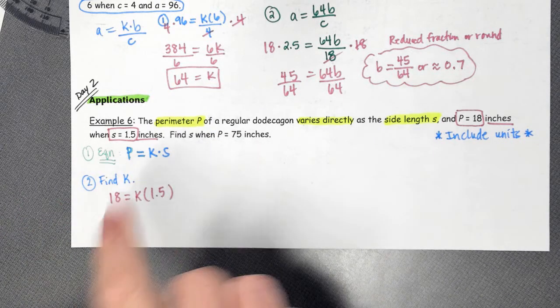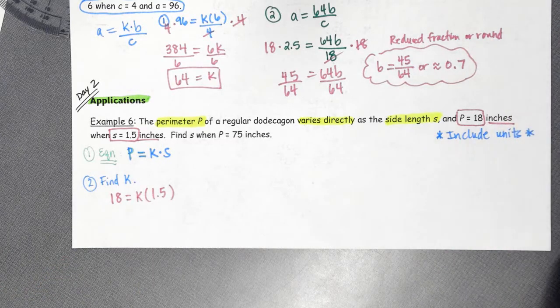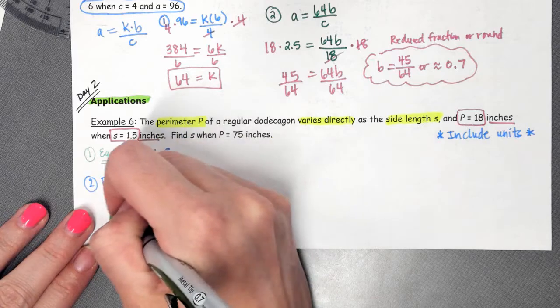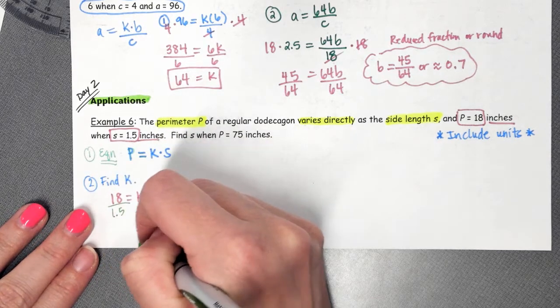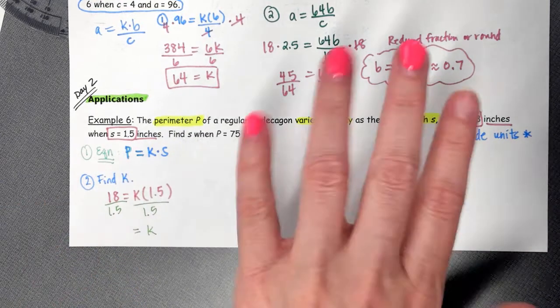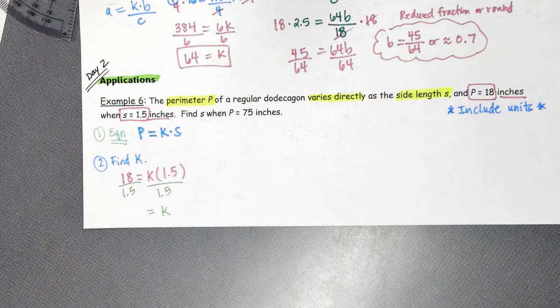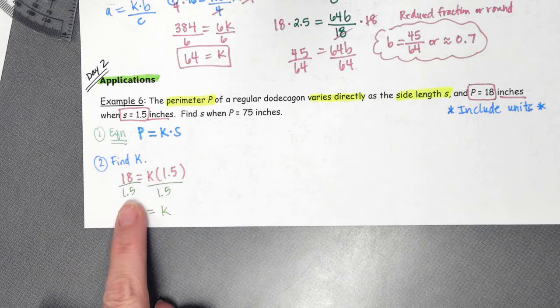So to solve for K, I have to do what to both sides? Yep, great. You guys can use your calculator for this. I remember back when we had the no calculator SAT, I would make students do this without it. So crazy. If you did have to do it without it, do you guys know how you could do it really quickly?